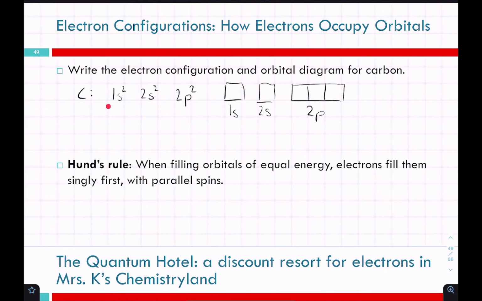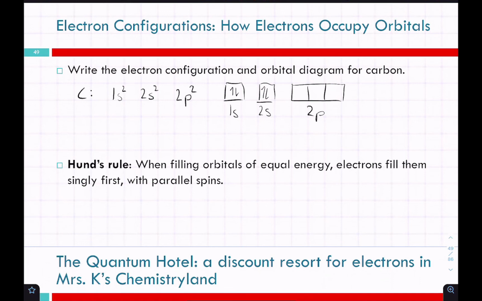We can use our electron configuration as a guide to fill in these boxes. So 1s is going to get 2 electrons, opposite spins. 2s is also going to get 2 electrons. And then for 2p, we have 2 electrons left.